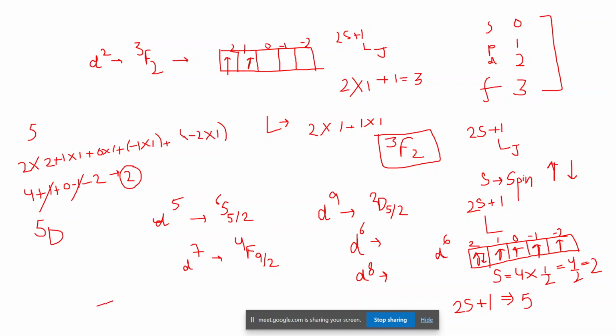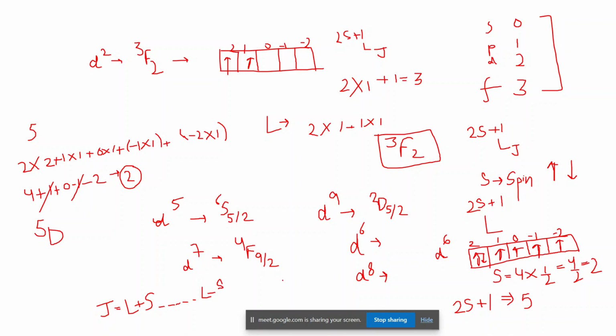The J value ranges from L plus S to L minus S. As you know, a total of 10 electrons can be occupied in d, and there are 6.